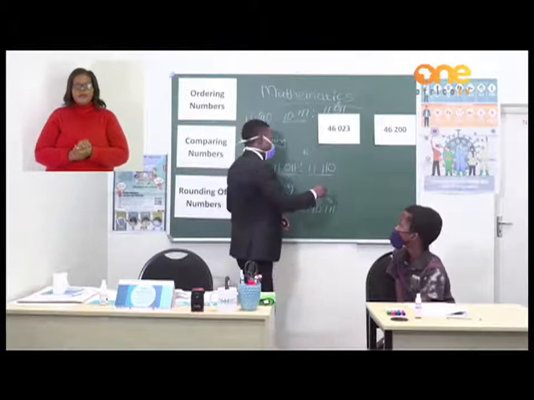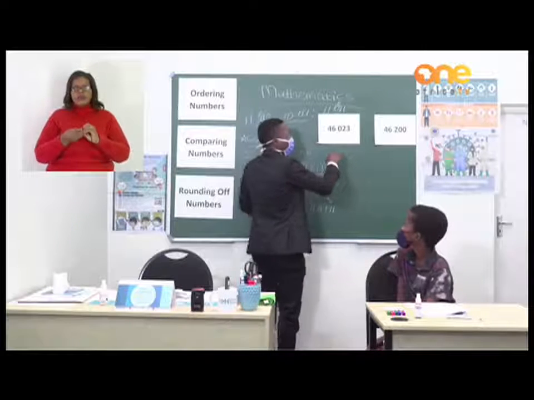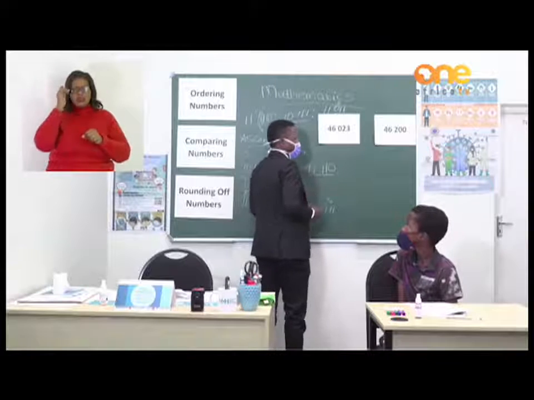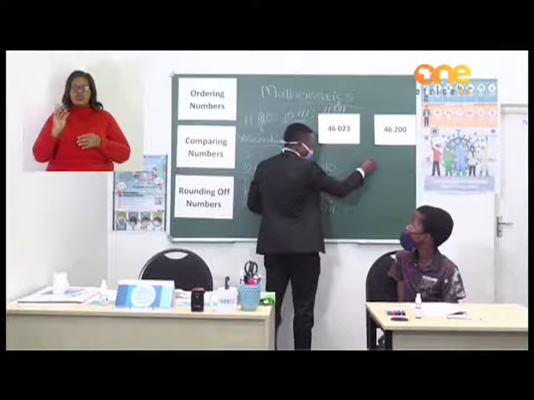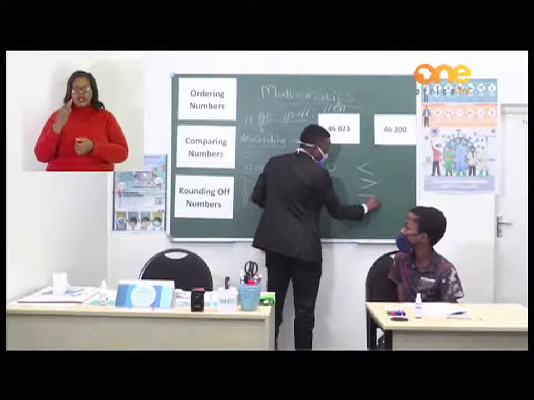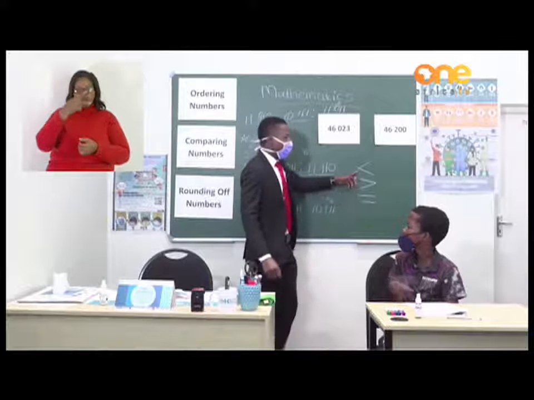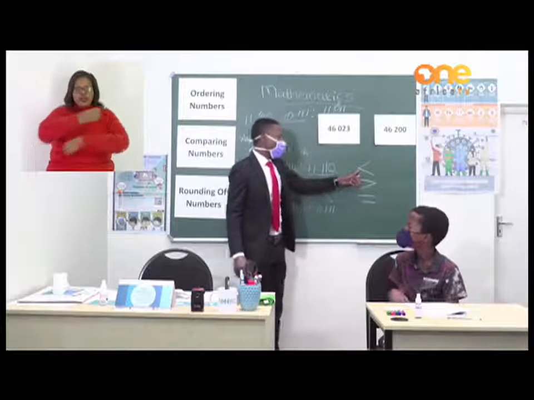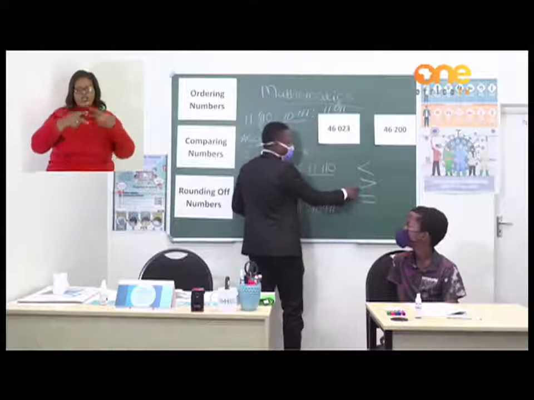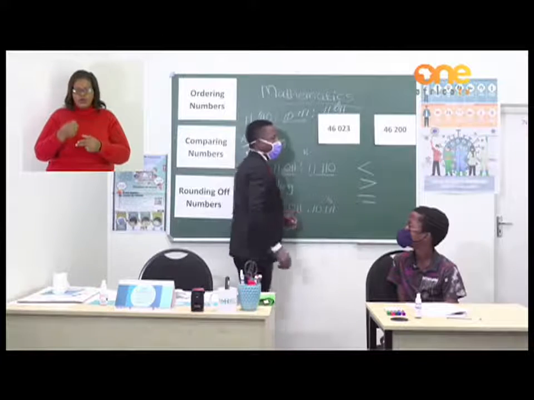Now, if you look at this number, it's a matter of finding out which number is bigger than the other. And we are given three signs to make use of. There is one which is called smaller than, or less than, greater than, and equal to.